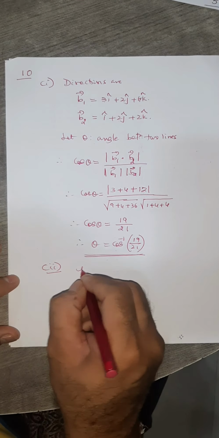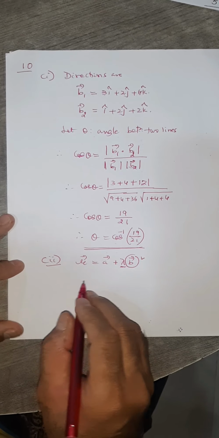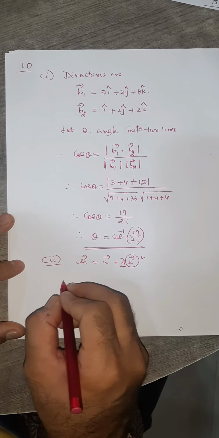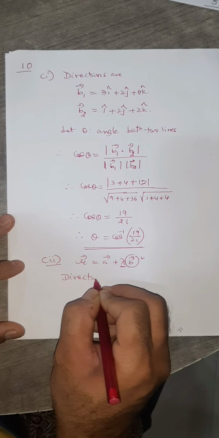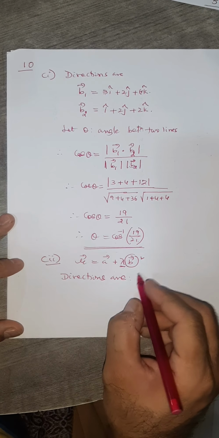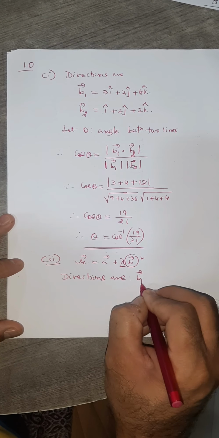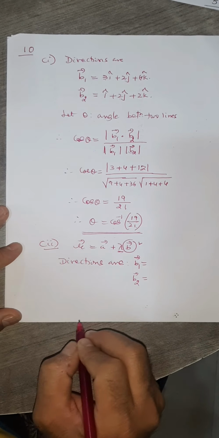You just recall, this is the vector form of a line, this is a fixed point, lambda, and this is nothing but the direction. So you need to write the coefficient of the scalar. I'm just emphasizing this. Okay, so the directions are this. Here, the first vector b I'll call b1 because we are going to write two directions, vector b1 and vector b2.